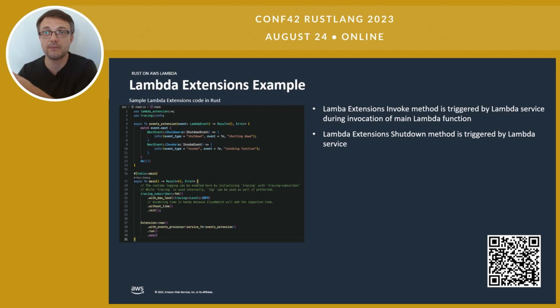So, for example, if you want to run legacy applications written in traditional frameworks like Express.js, Flask, or PHP in your Lambda functions, you can take that application and you don't have to change anything.